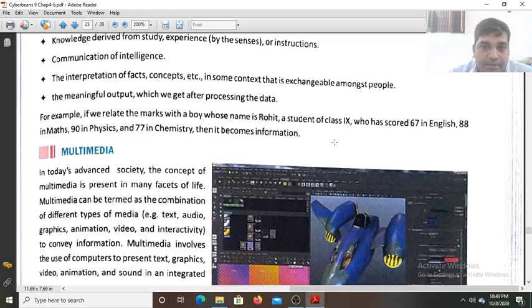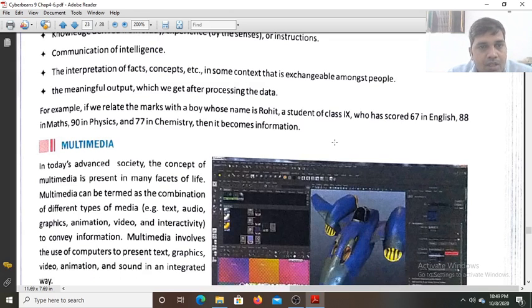So if you keep a distance from your friends or from other persons, maybe you can protect yourself from this virus. So similarly here also, with the help of the interpretation of the facts and the concepts, we deduce some information, some knowledge, and that knowledge we share among the other persons.